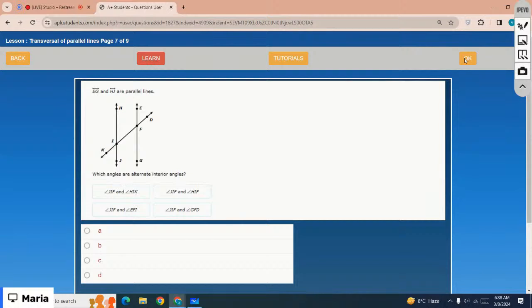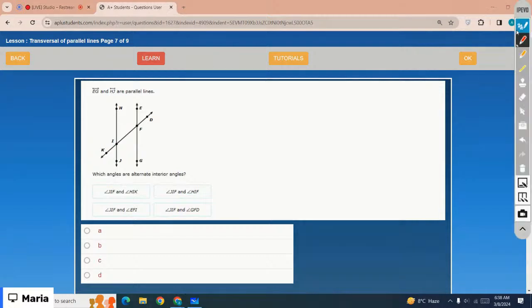EG and HJ are parallel lines. Which angles are alternate interior angles? Okay. JIF and HIK. No. JIF and HIF. No. JIF and EFI.